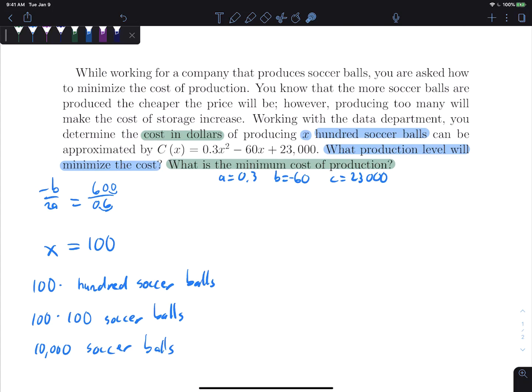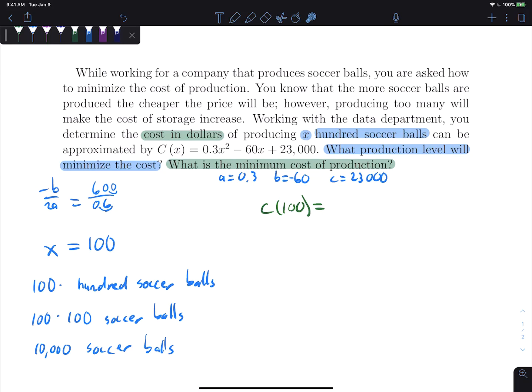Excellent. Now that we know how many they should produce, we need to figure out the minimum cost of production. That minimum cost is basically just C of 100. Notice I'm not putting in 10,000 because the x coordinate has to be 100 here, not 10,000. This 100 just corresponds to the value of 10,000.